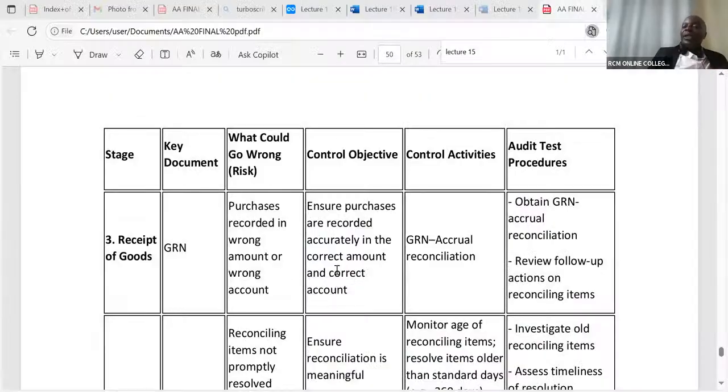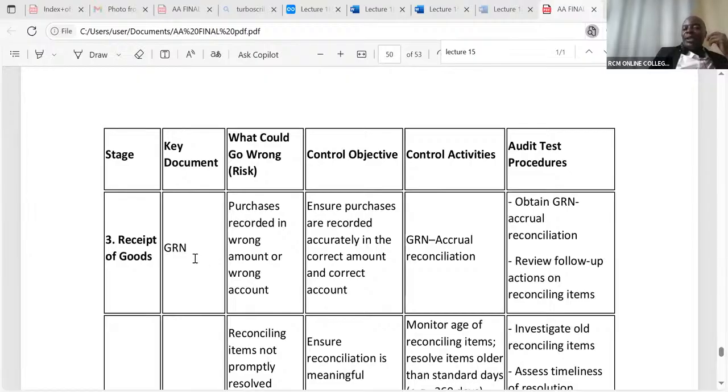All right. So allow me to read some of these things for you to be able to understand. But anything you write, remember to use a table, don't use narrations. Always use a table. If you do an auditing exam without drawing tables like this, you'll always keep on failing. Always.